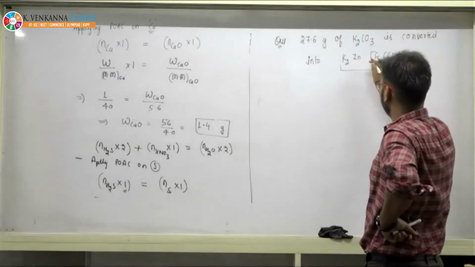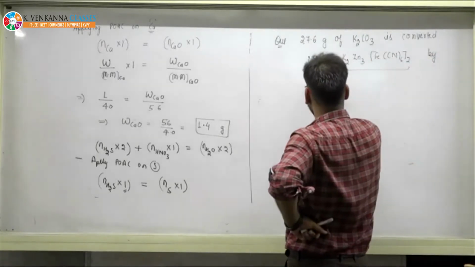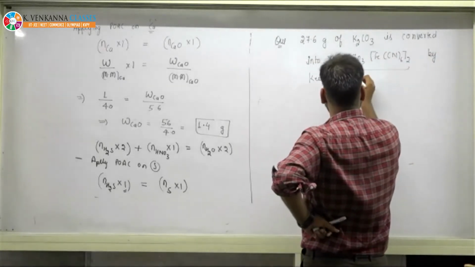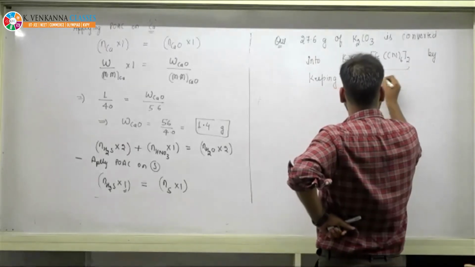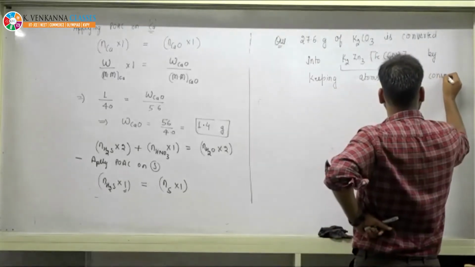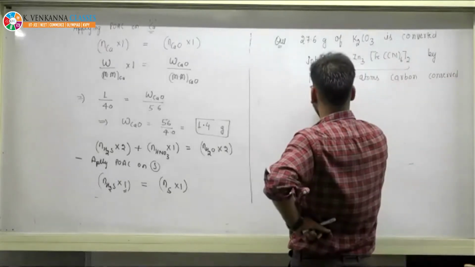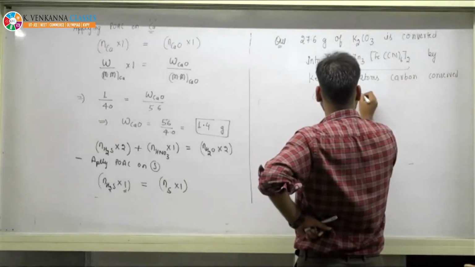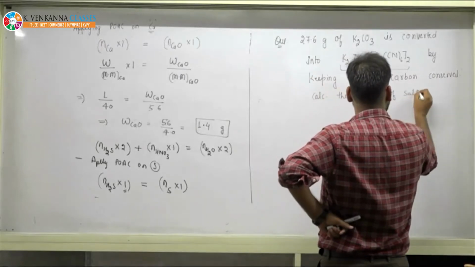Zn3. This is the compound. By keeping atoms of carbon conserved. Calculate the weight of salt produced.